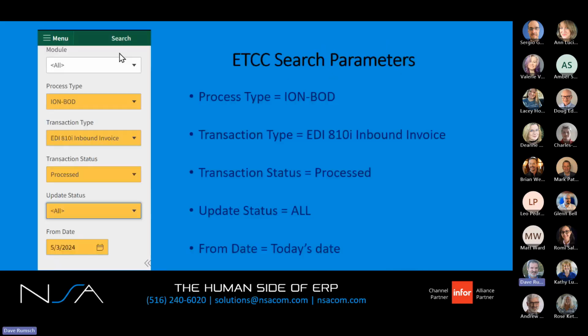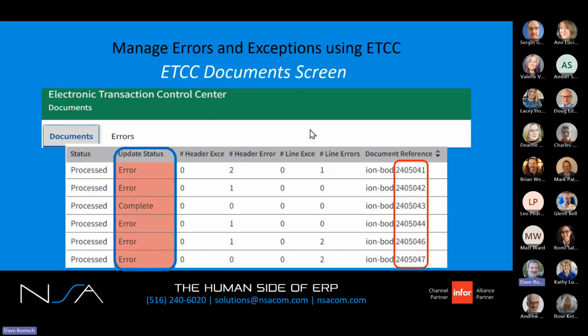Once you select search on this at the very bottom, you'll get a screen that looks something like this. Now notice I'm just looking, I've done one that's got a lot of errors, and I've got one that completed without any. So this is the status of the transaction, and this is the invoice.